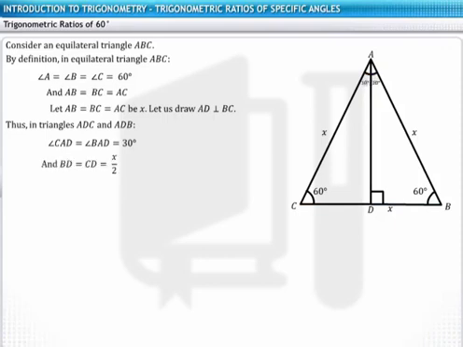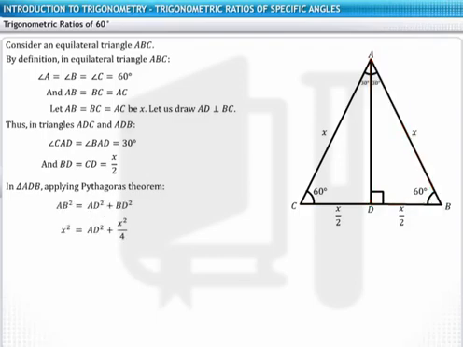It also divides side BC into two equal parts, BD and CD, each equal to x by 2. Applying Pythagoras' theorem to triangle ADB, we get the length of side AD as root 3 by 2 times x.